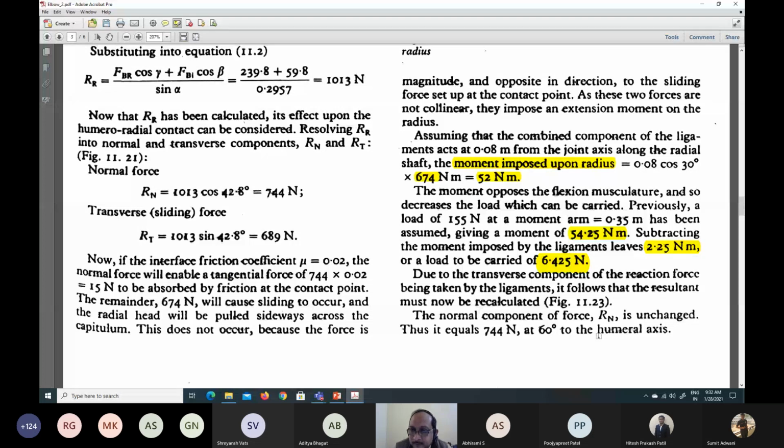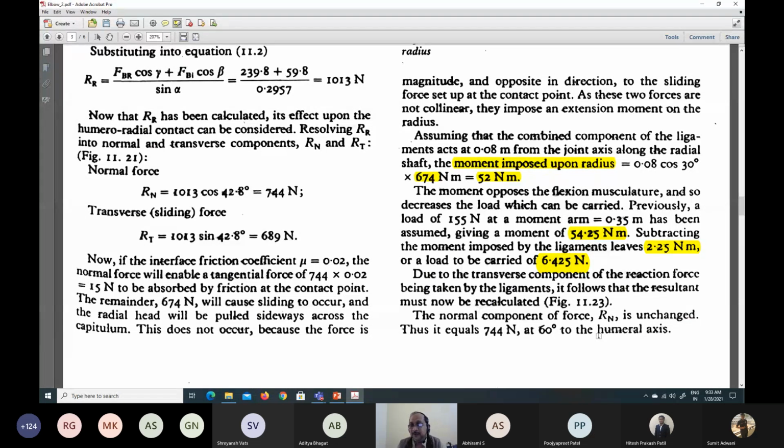So we have introduced the ligament, an extra element in the system which was not considered earlier. The resultant force at the elbow joint, RR, now needs to be recalculated based on this new, upgraded system that includes the ligament in the calculation.